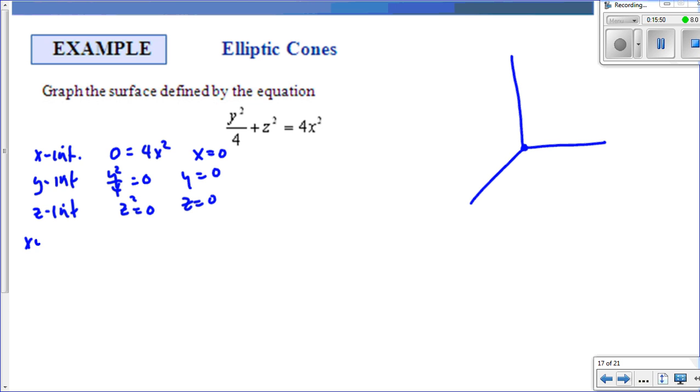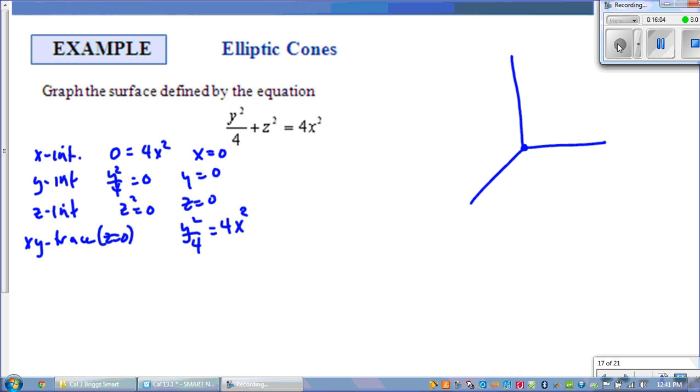So now the traces. XY trace, we have y squared over 4 equal to 4x squared. Now this is the line y squared equal to 16x squared.